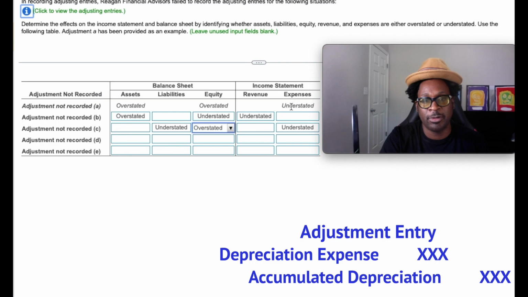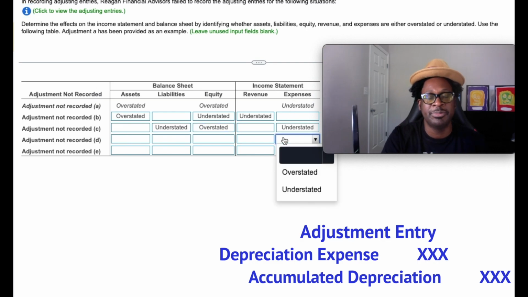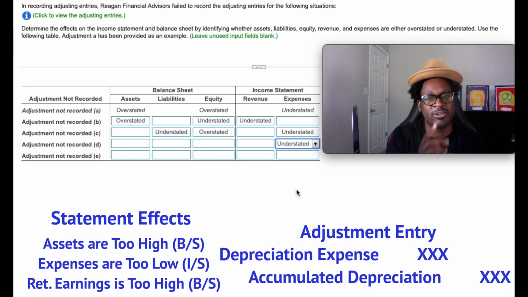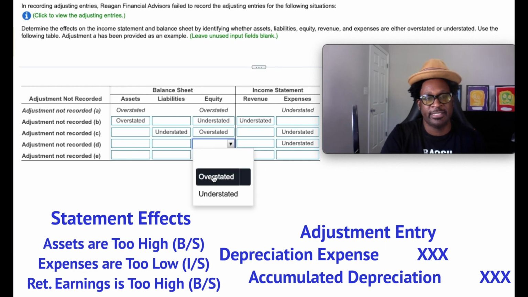So let's go ahead and mark that. Our expenses are going to be understated. Since our expenses are going to be understated, that would affect our income. That's going to make our income higher than what it should be, which will make our retained earnings higher than what it should be. So therefore, our retained earnings will be overstated.